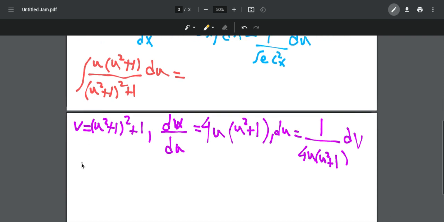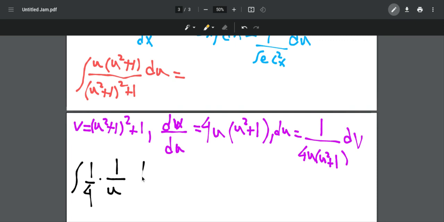So we are left with the integral of 1/4 multiplied by 1 over v dv, because the denominator is also left.